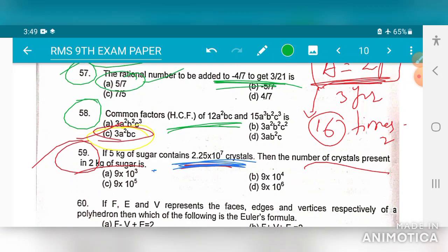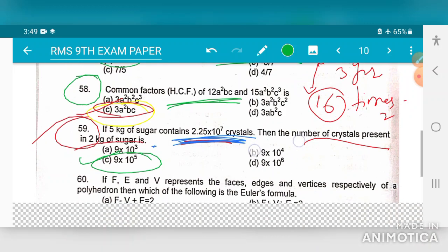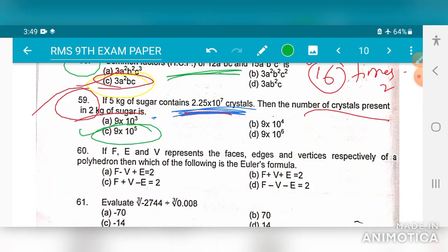So 59th question, this one is the answer. C1 is the correct answer. If F, E and V represent the faces, edges and vertices respectively of a polyhedron, then which of the following is Euler's formula?